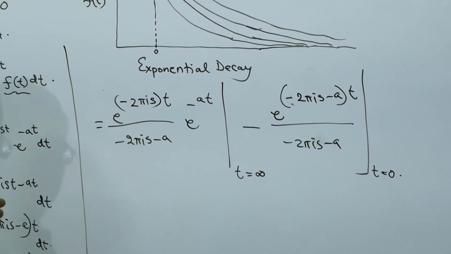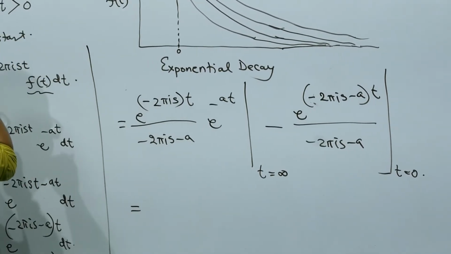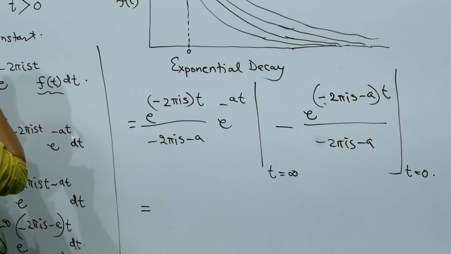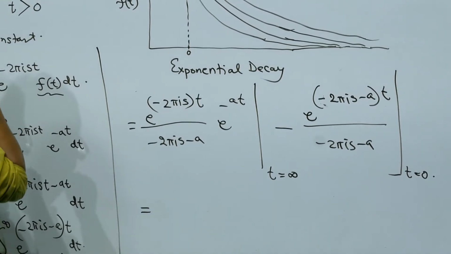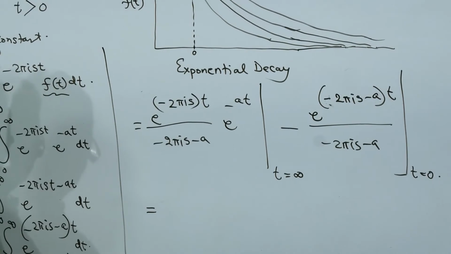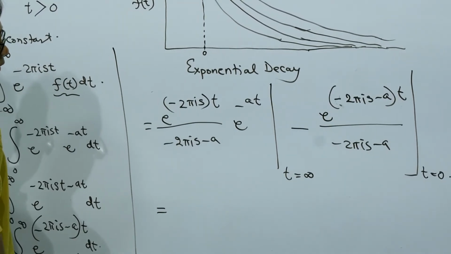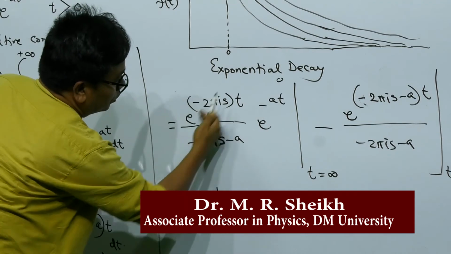If I put the limits, what will happen? The first part is e power minus infinity, and the second part is e power 0. So e power 0 is 1. This part will be equal to 0.